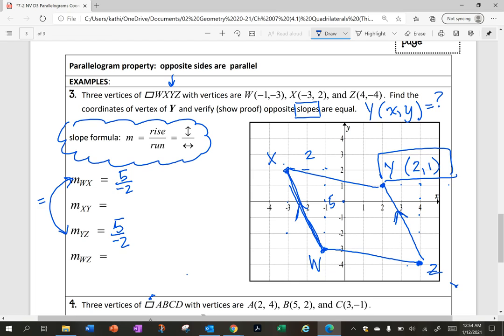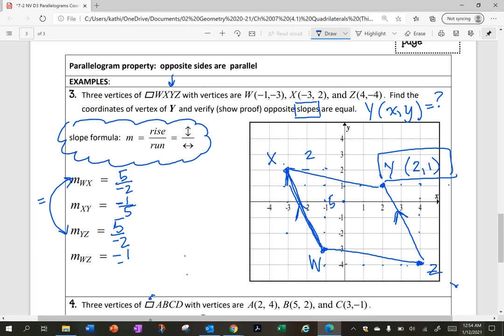Now the slope for X and Y. From X to Y, rise is going to be -1 and run is 1, 2, 3, 4, 5. So down 1 and to the right 5. And W to Z: down 1 and to the right 1, 2, 3, 4, 5.